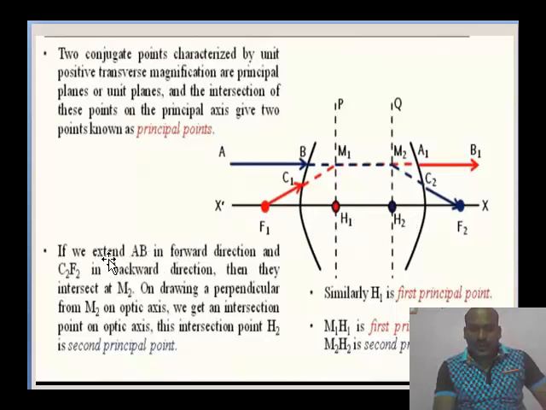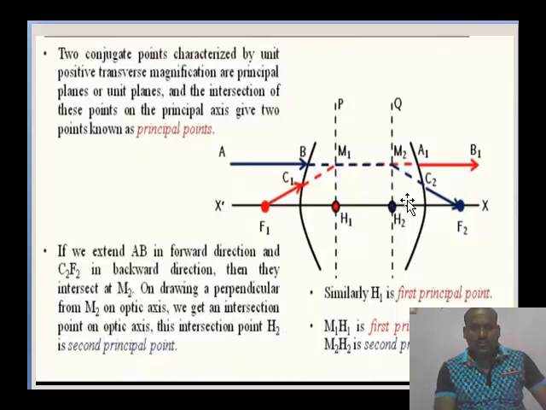So if you extend AB in the forward direction, and CF2 in the backward direction, they intersect at M2. When C2 F2 are refracted and meet here, when you take the backward extension, they meet at M2. On drawing the perpendicular from M2 to the axis, we get the intersection on the principal axis.